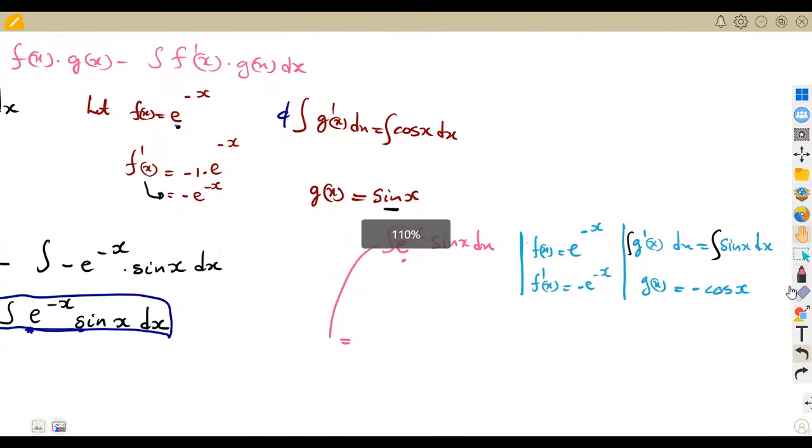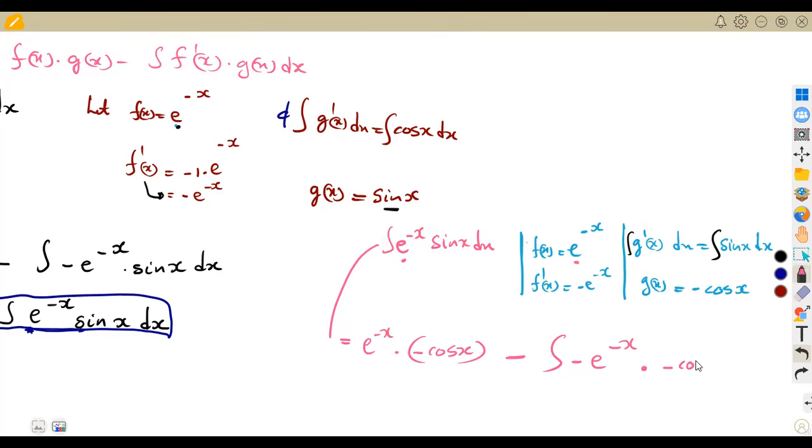Our by parts formula states we're going to have f of x times g of x, which is e to the exponent of minus x times g of x, which is minus cos of x, minus the integral of f prime x, which is minus e to the exponent of minus x, times g of x dx, which is minus cos of x dx.